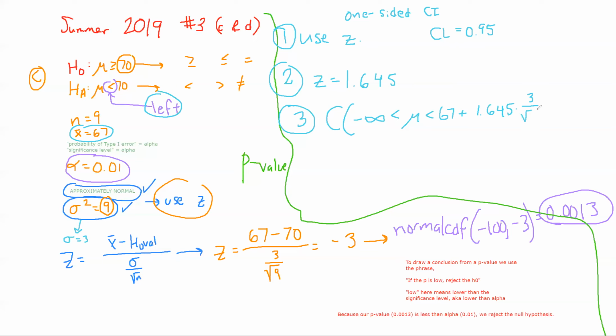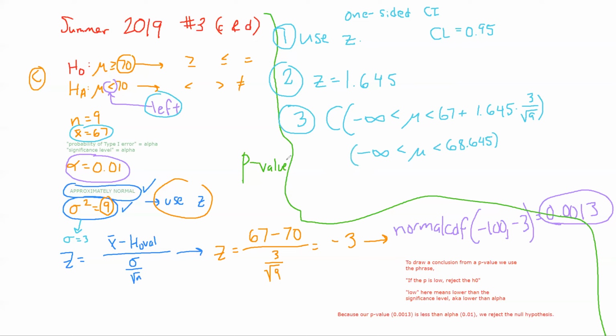Divided by square root of 9. And this gives us 67 plus 1.645 times 1. So we get negative infinity, comma, mu, less than 68.645. This would be the one-sided confidence interval for this test.